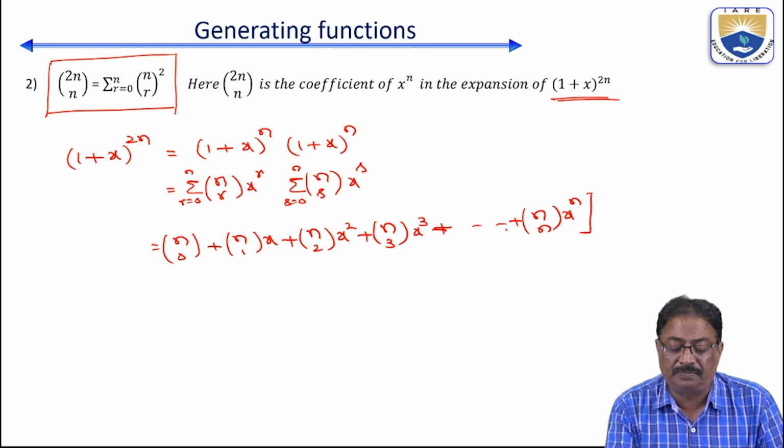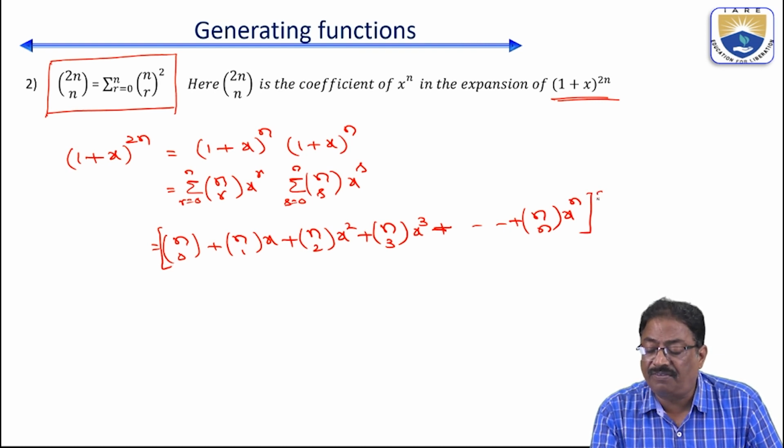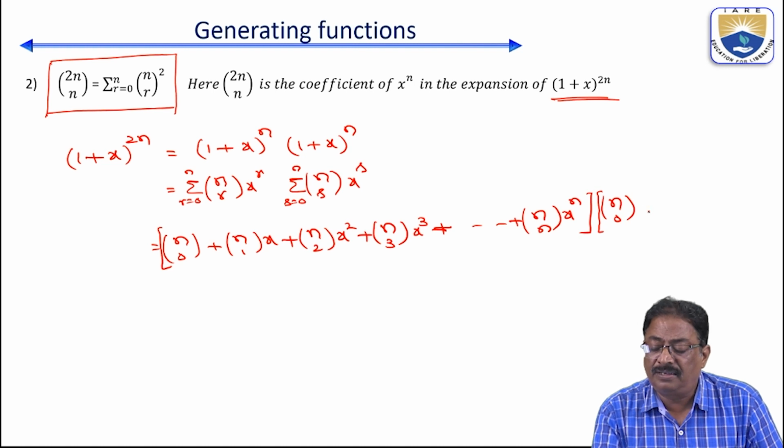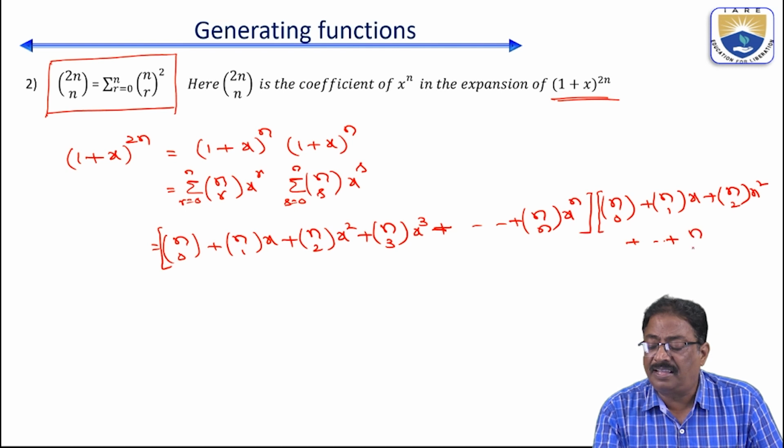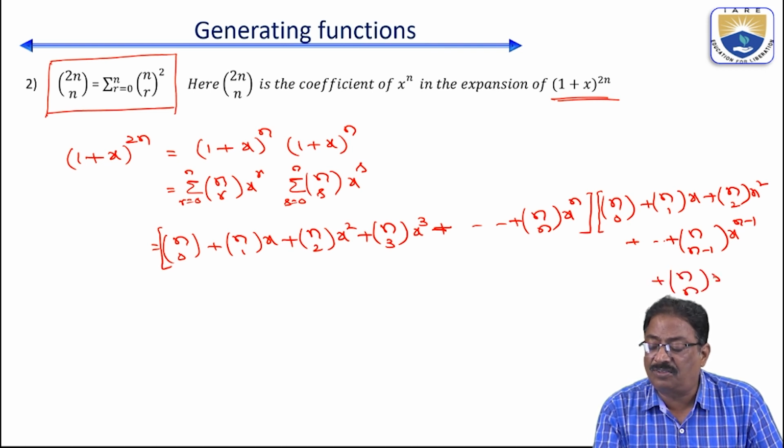This is the first term. Similarly for the second one: nC0, then nC1 x, nC2 x squared, and so on, plus nC(n minus 1) x to the power of n minus 1, plus nCn x to the power of n.